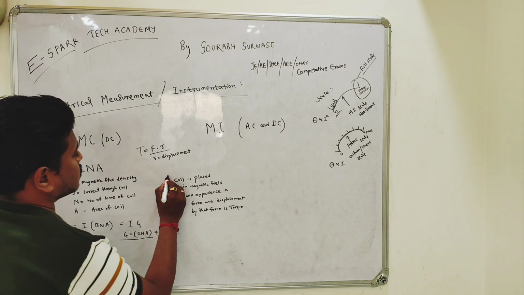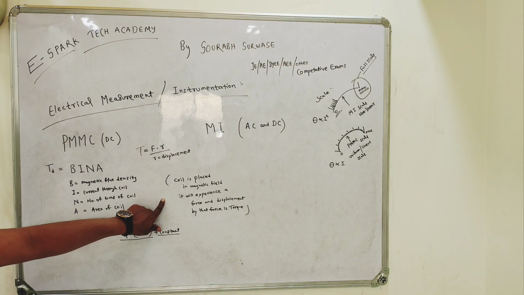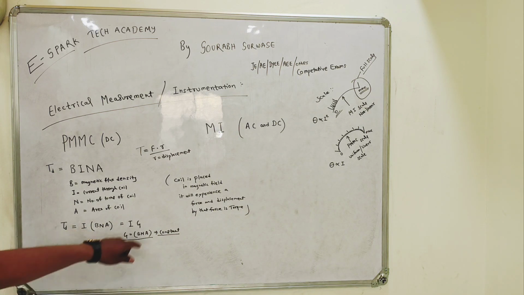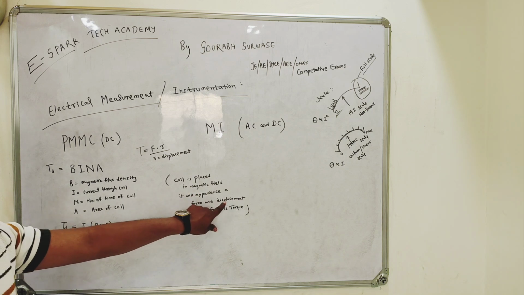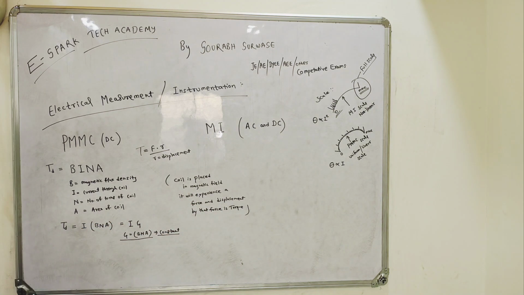Please note down because it is a very important concept. No one will tell you in this language because it is a simpler manner to explain a torque. The coil is placed in a magnetic field, it will experience a force and displacement by that force is torque. Torque is nothing but force into displacement.